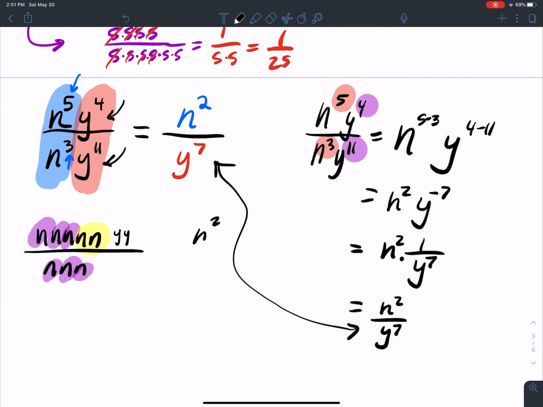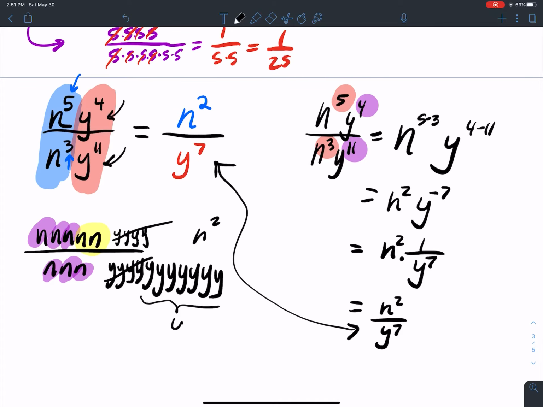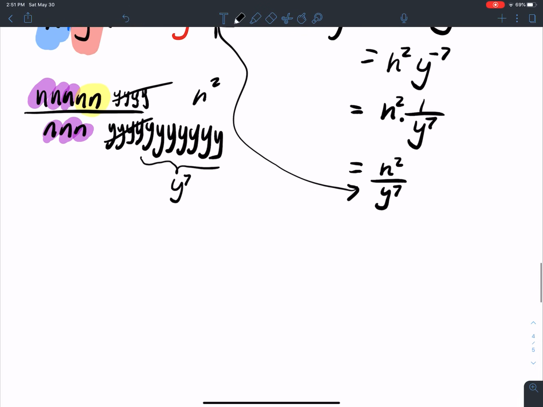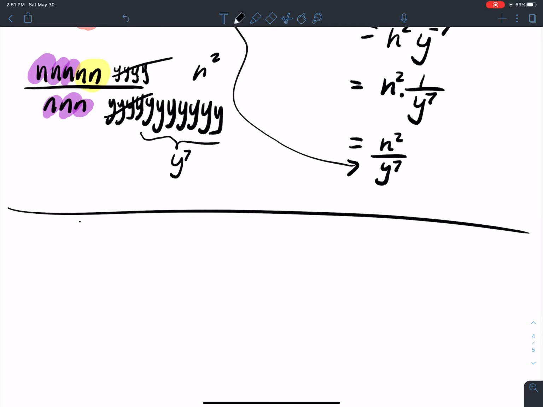If I only have 4 up top, but I have 11 y's down low, those 4 cancel with those, but I'm left with 7 y's down low. That's kind of how I think about it. However you want, if you want to use the rule, fine by me.